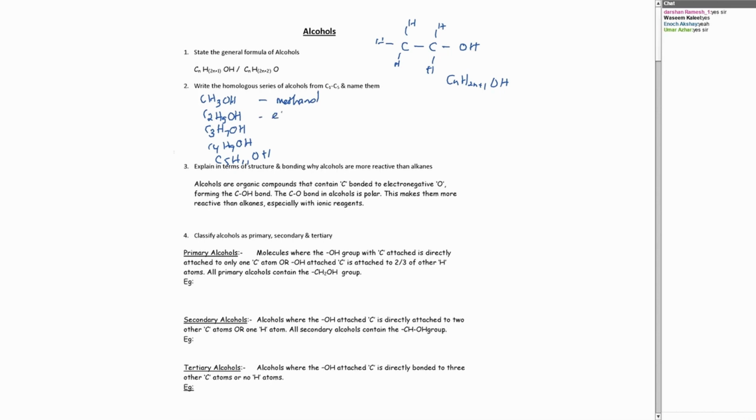Methanol, ethanol, propanol, butanol, pentanol. Please copy these 5 members, the first 5 members of the homologous series of the alcohols.